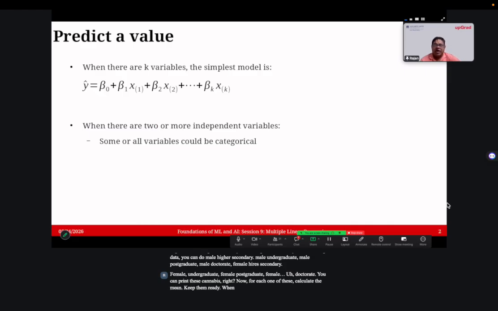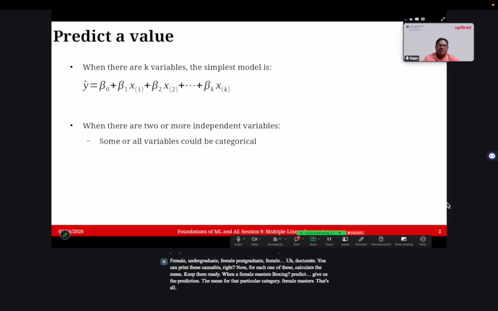When a female master's walks in, give the prediction as the mean for that particular category, female master's. That's all. So it's very easy conceptually. Where it becomes difficult is when we have age as one variable, gender as the second variable.